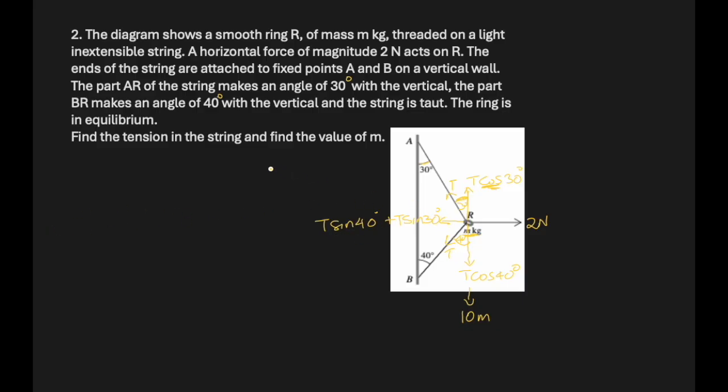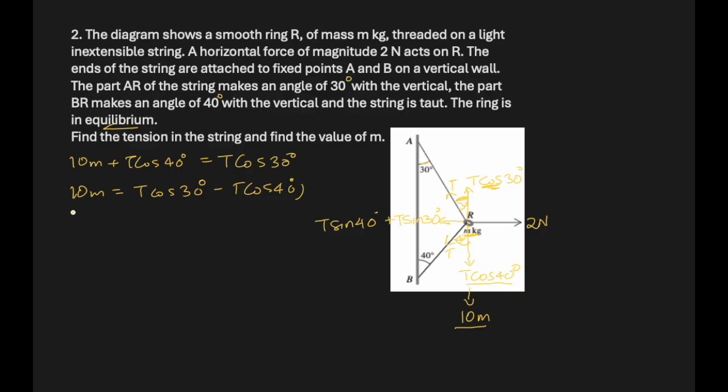So let's equate, because it's an equilibrium, the forces are equal. Let's start with this one. 10m plus T cos 40 will balance out T cos 30. So 10m plus T cos 40 will be equal to T cos 30. So 10m I can keep here, equal to T cos 30 degrees minus T cos 40 degrees.